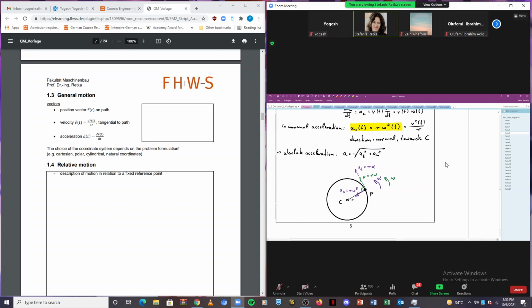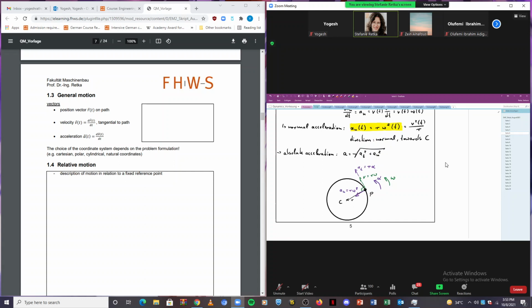Now, as long as our point mass moves, it has an angular velocity, and the velocity vector is not zero. If the point mass moves with constant angular velocity, omega is constant, then the angular acceleration is zero.